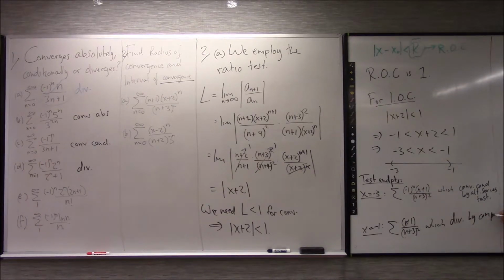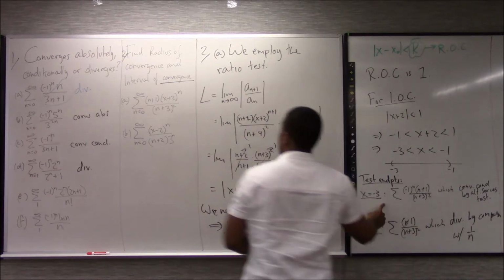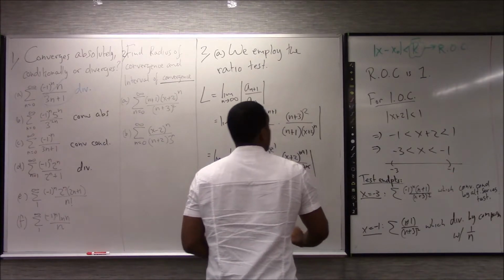By comparison, right? With 1 over n. Just look at the highest power, so the highest power here is n, the highest power down there would be n squared, so it's going to behave like 1 over n. And either a direct comparison or a limit comparison will give you that conclusion. And so we know that it converges here and diverges there.